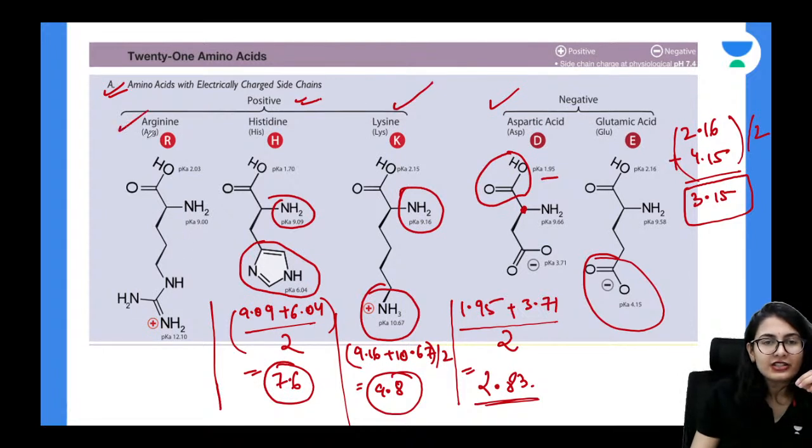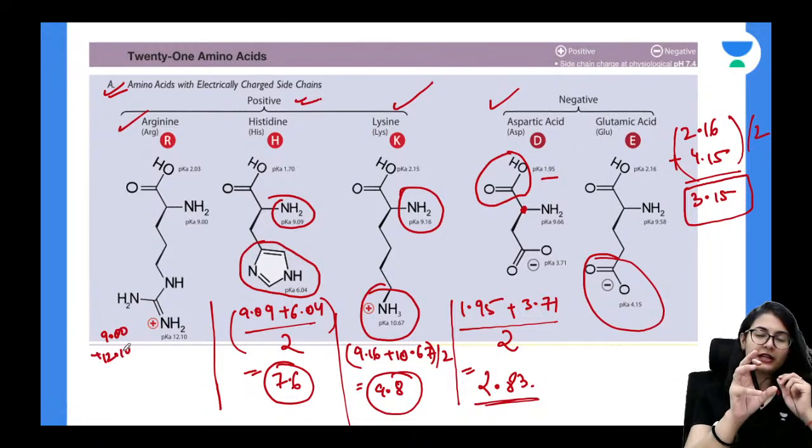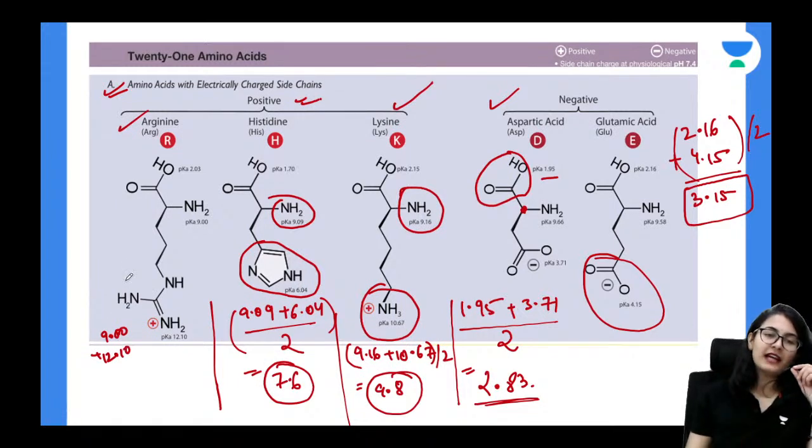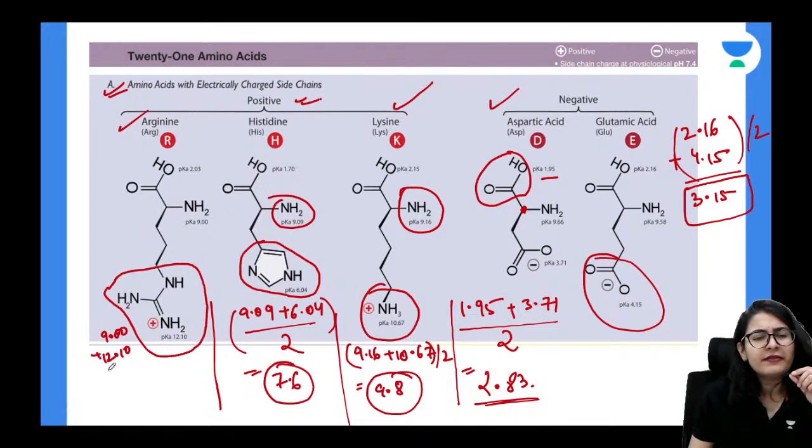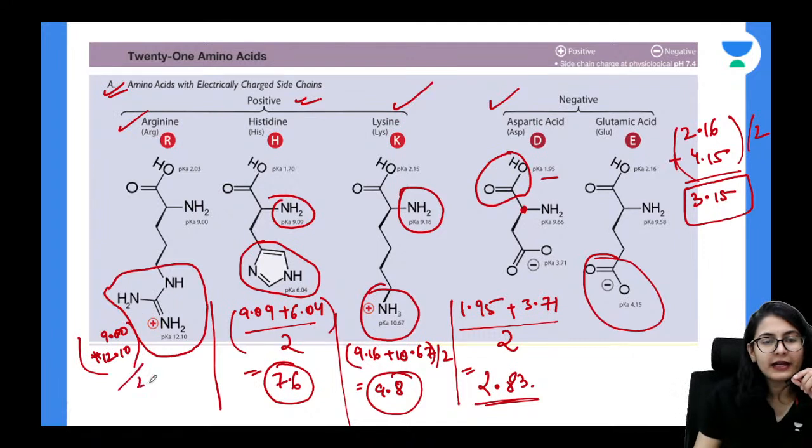Similarly, you have arginine. Arginine में again you are having 9.00 plus 12.10. Guys, this is the guanidine system. Guanidine system is very highly basic. So definitely ज़्यादा basic होगा तो pK value is supposed to be high, right? So whatever value comes out from here, that divide by 2 will give you how much?